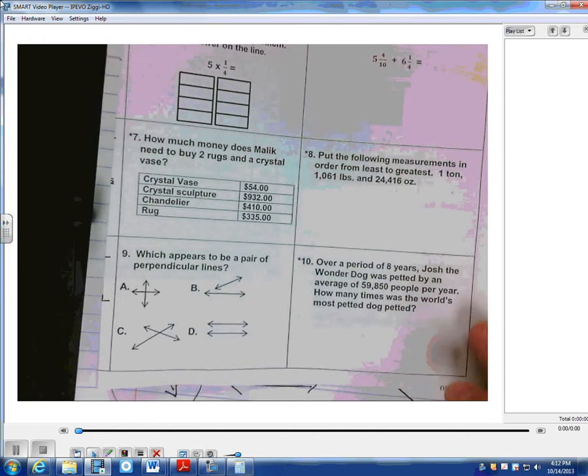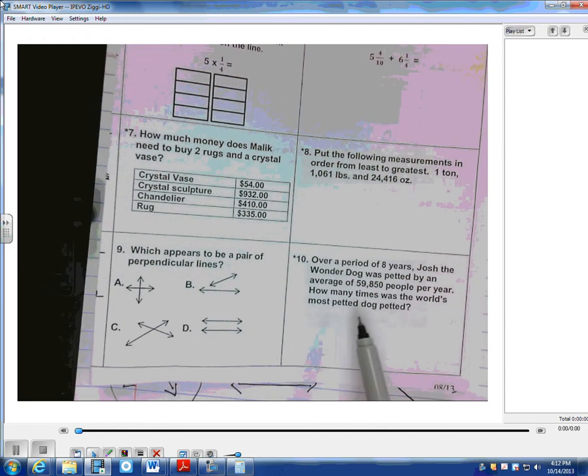Okay, and the last question, number 10. It says, over a period of 8 years, Josh, the wonder dog, was petted by an average of 59,850 people per year. How many times was the world's most petted dog petted?